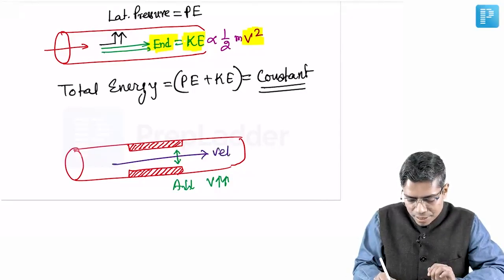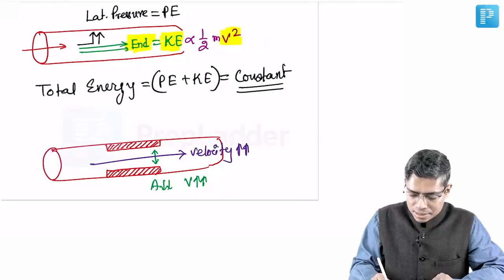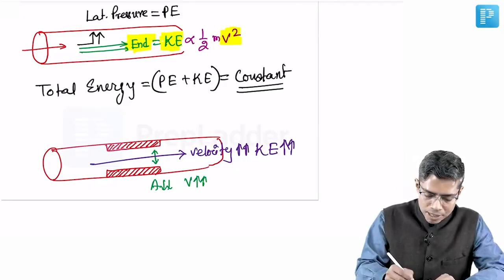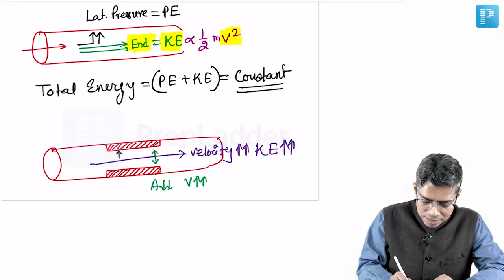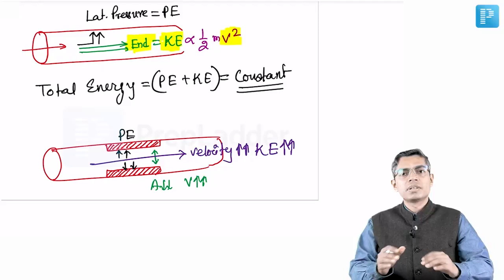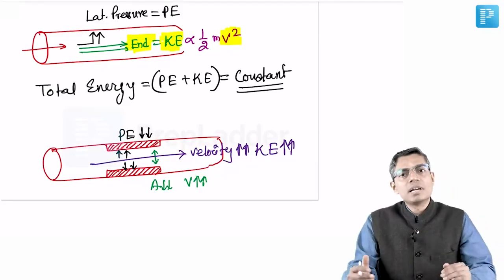And whenever velocity of blood flow increases, the kinetic energy of this portion is very huge. So what will happen to the potential energy or the lateral pressure on this part where the atherosclerotic plaque has formed? There will be a decrease in potential energy or lateral pressure.